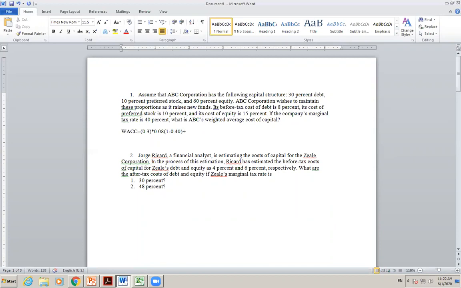and plus the proportion of the preferred stock, which is 10%, times the cost of preferred stock, which is 10%, plus the proportion of whatever is remaining. It will be the proportion of the common equity, which is 0.6.